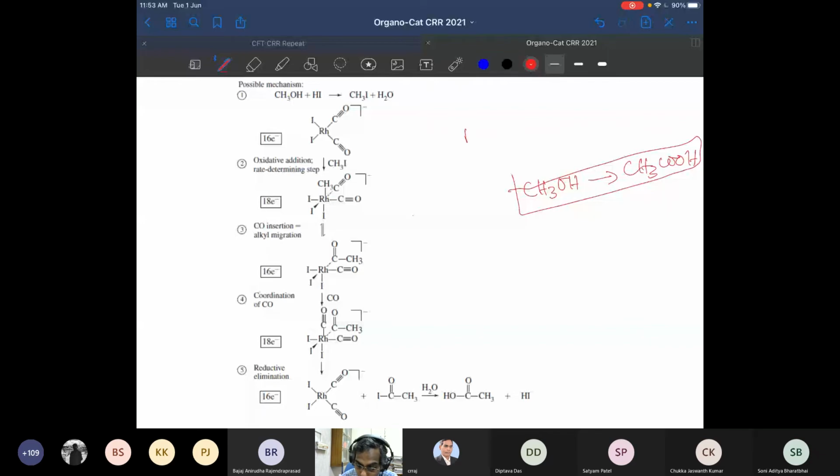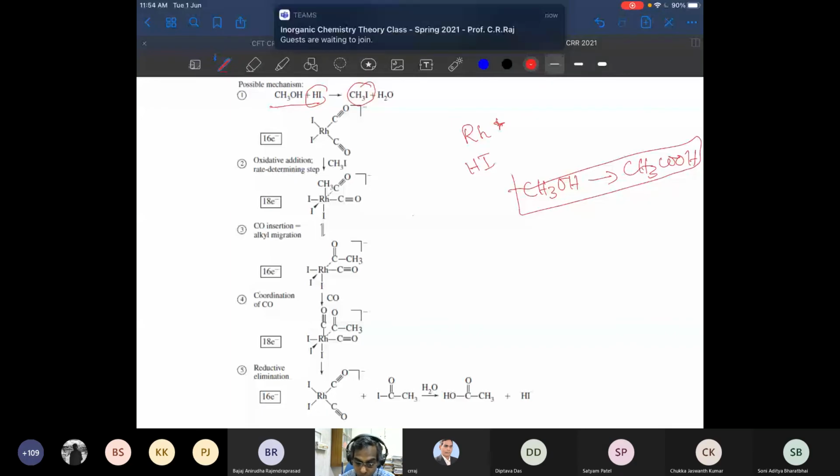We are talking about the rhodium, basically a rhodium based catalyst. And what I have is a hydrogen iodide. Now, what happens in the first step is that methanol reacts with hydrogen iodide and you get methyl iodide.